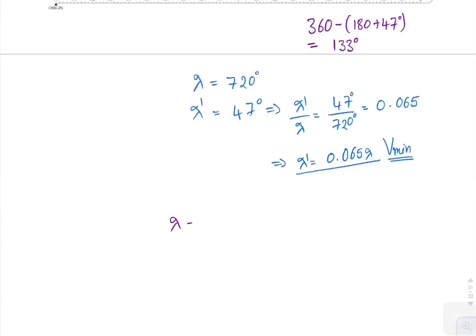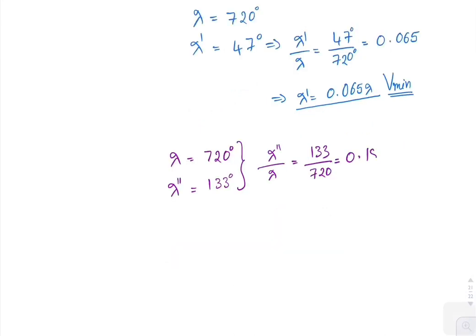On a Smith chart, lambda equal to 720 degrees. Now we need lambda double dash, that is equal to 133 degrees. Lambda double dash by lambda gives you 133 by 720, that is equal to 0.1847. Therefore lambda double dash equal to 0.1847 lambda.